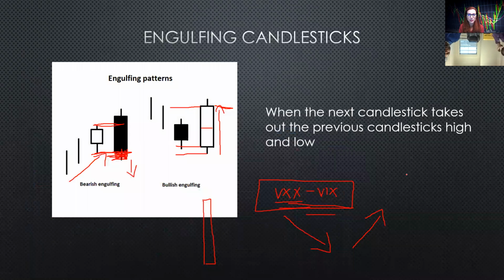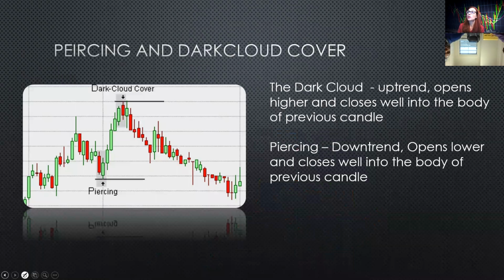Let me continue so we can get through the other ones, and we'll pull up the charts and look at it again some more, but I want to get through the candlesticks for you. So we have the piercing and dark cloud cover. These are also going to be reversals when they happen on a downtrend for the piercing.